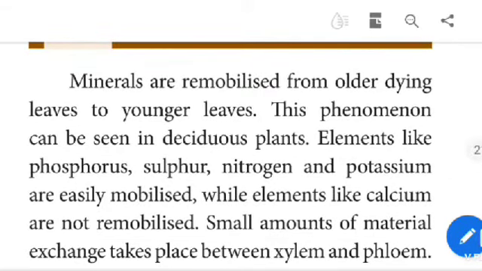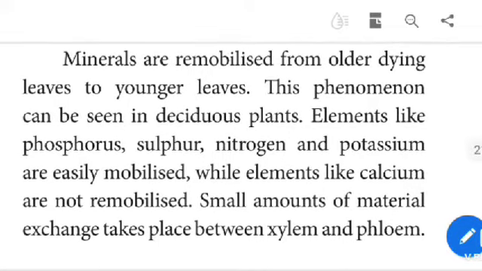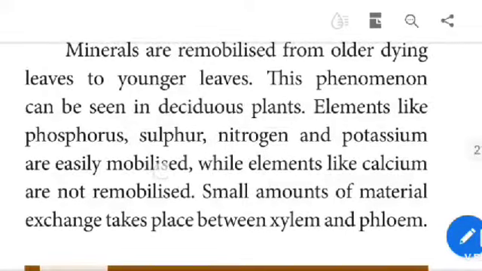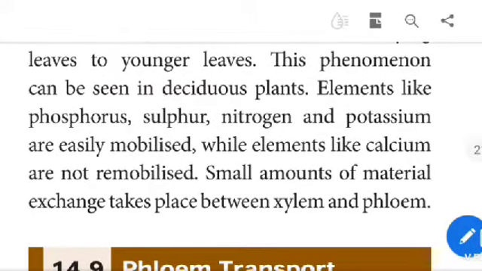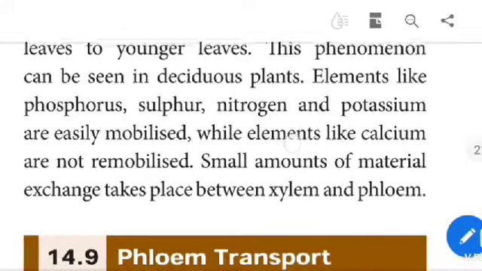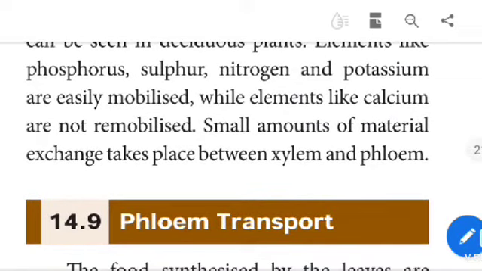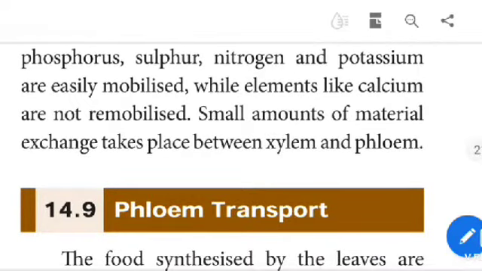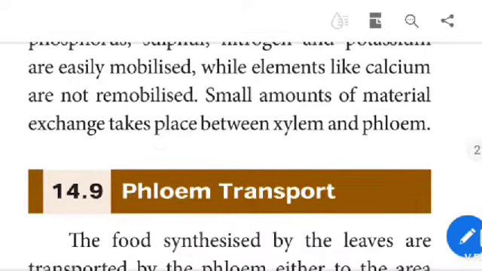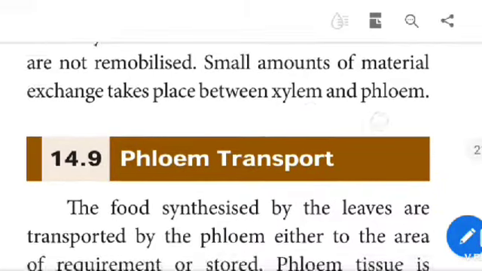Elements like phosphorus, sulfur, nitrogen, and potassium are easily mobilized, while elements like calcium are not remobilized. A small amount of material exchange takes place between xylem and phloem.